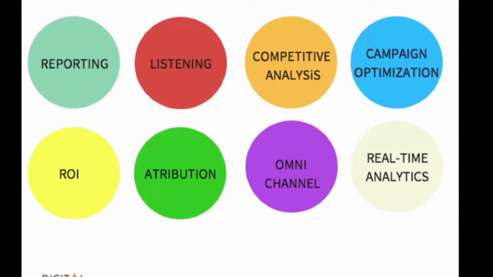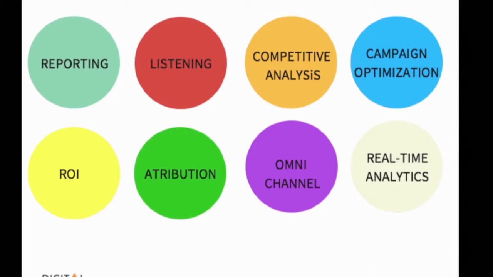So I want to show you a categorization of the tools that I want to talk about today. I want to show you tools that generate reports, that can help you on listening to your users, that can create you a great landscape on competitive analysis, that can help you optimizing your campaigns, and that can actually show you the ROI of your campaigns.